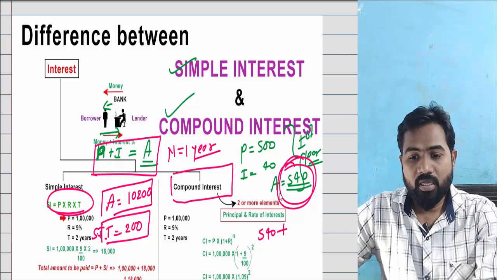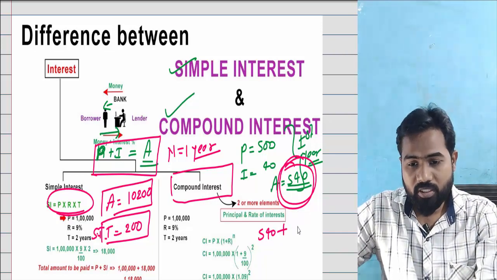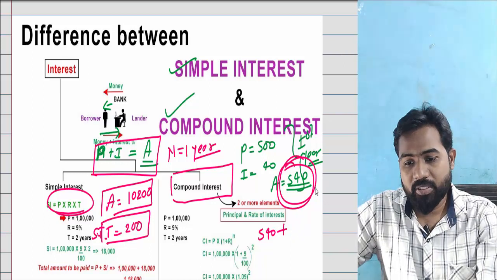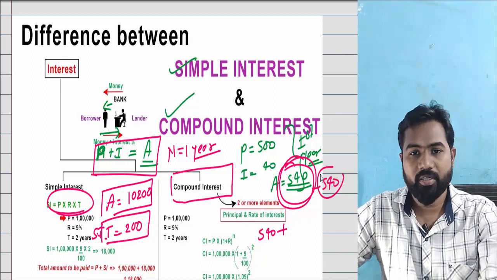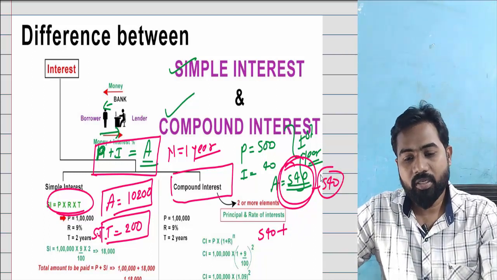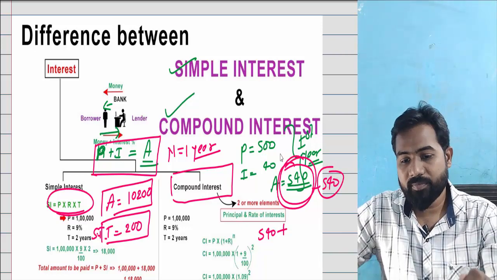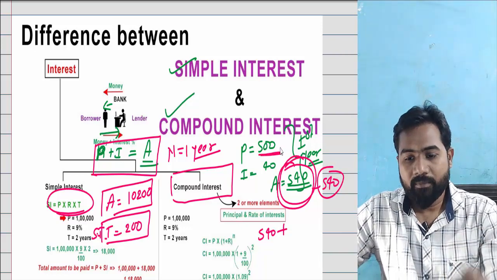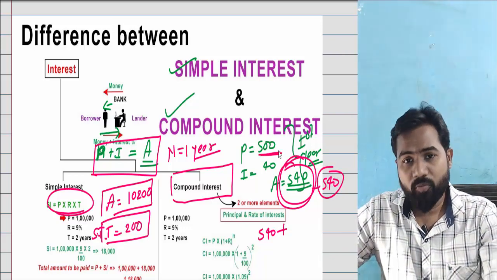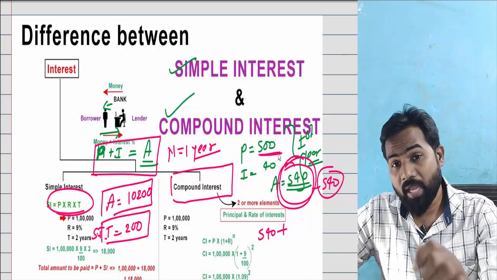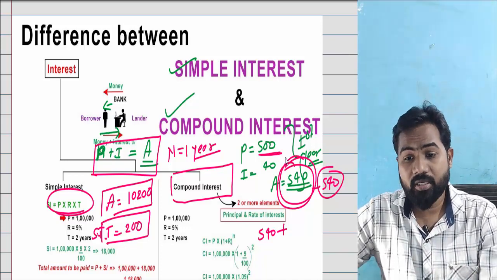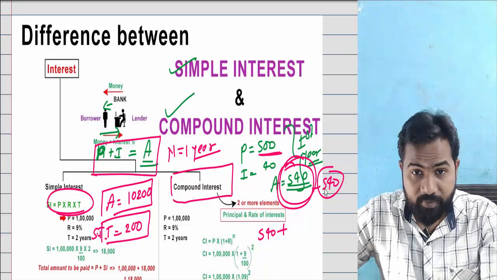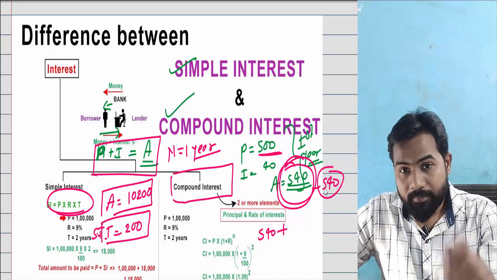That means, class, for the second year this 540 will be the principal amount. That is the compound interest. Initially the principal amount is 500, but after 1 year you are not able to pay 540. Next year the bank will consider 540 as the principal amount. That is the compound interest.